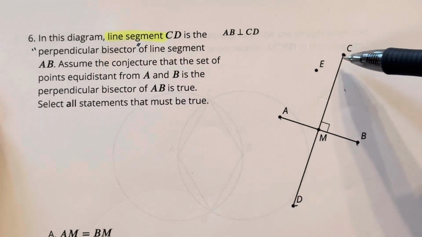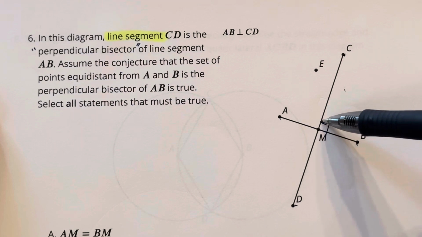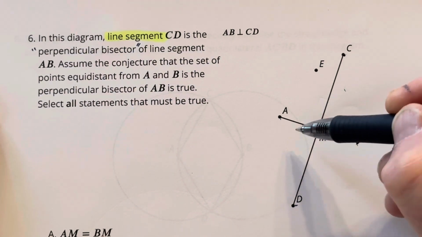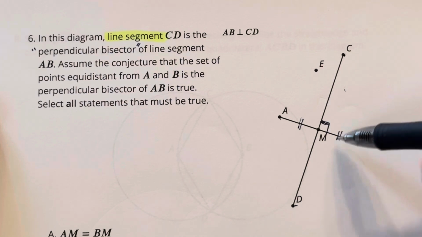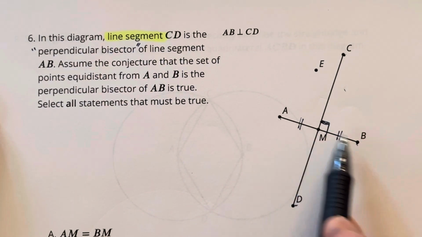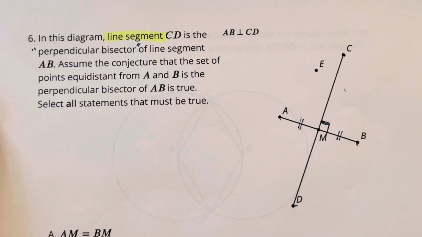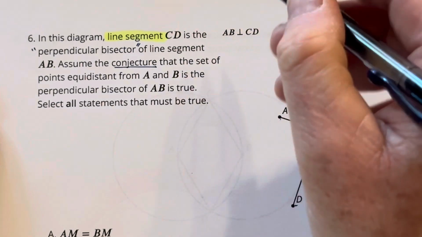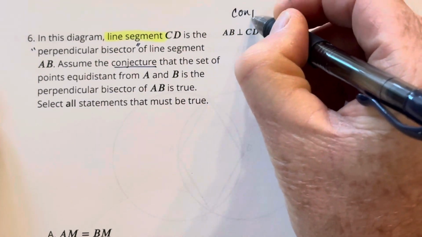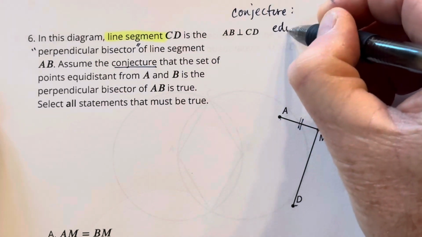So they're saying CD is the perpendicular bisector, which forms a 90-degree angle and creates two line segments with the same length, so AM and BM. Okay? Assume the conjecture. That's another word, conjecture, that you need to know. It's like an educated guess.